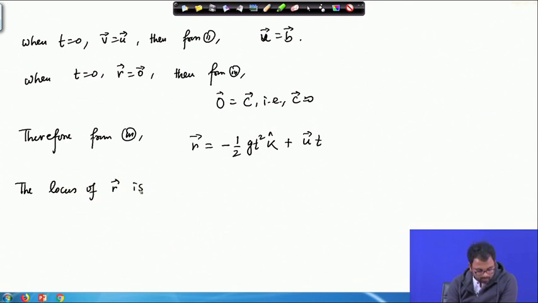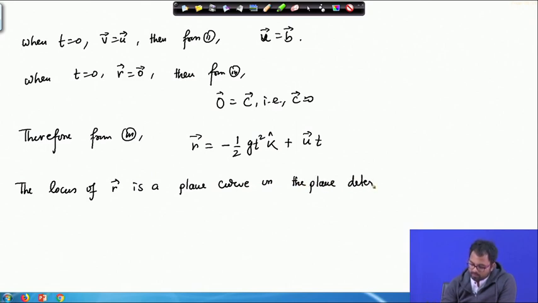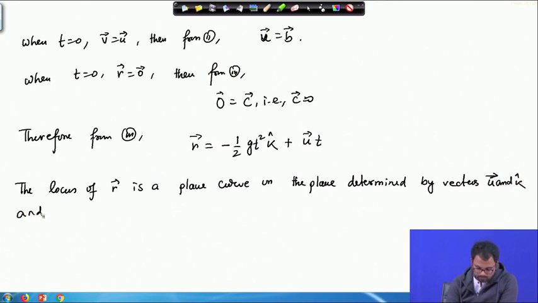So, I can write the locus of R is a plane curve on the plane determined by the vectors u and k and the origin.